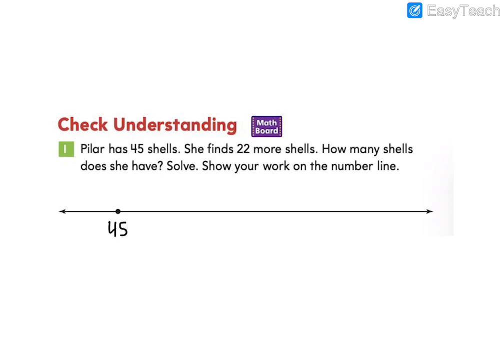We know Pilar starts with 45 shells. She finds 22 more. 22 is equal to 2 tens and 2 ones. I'm going to show 10 more than 45 is 55, but it's 2 tens more.